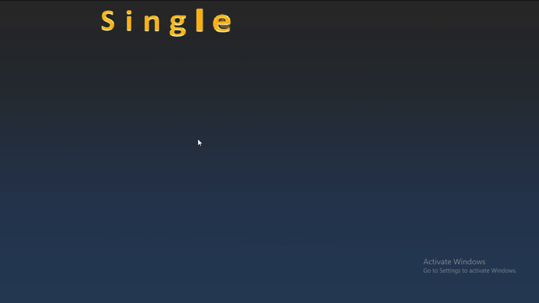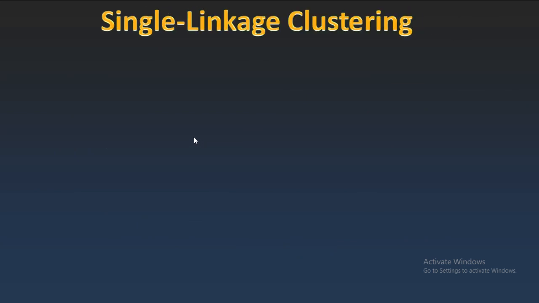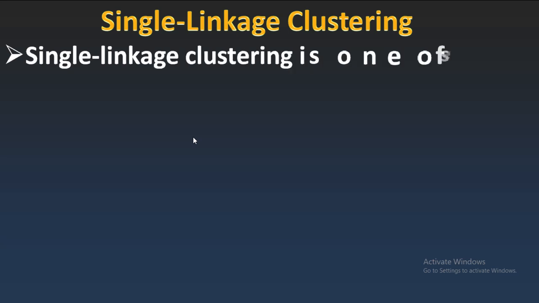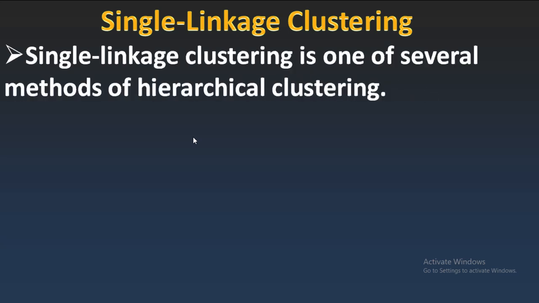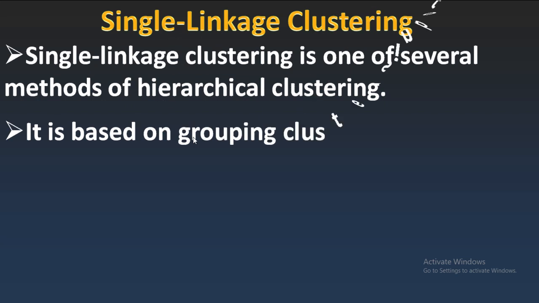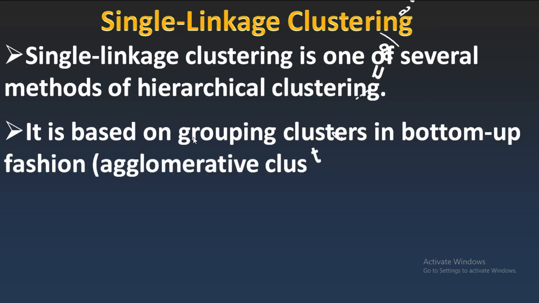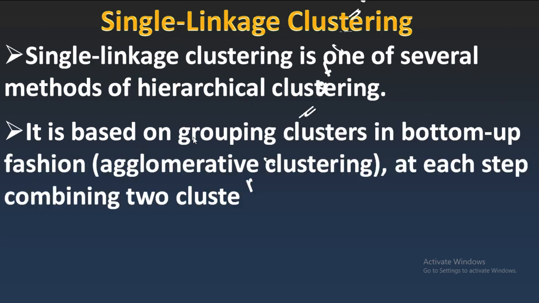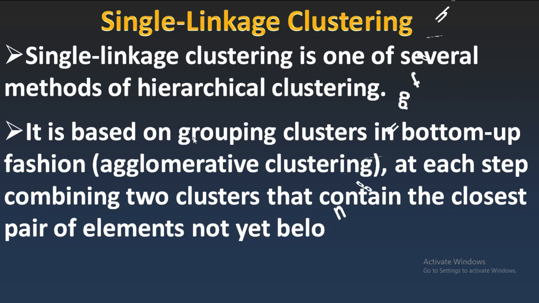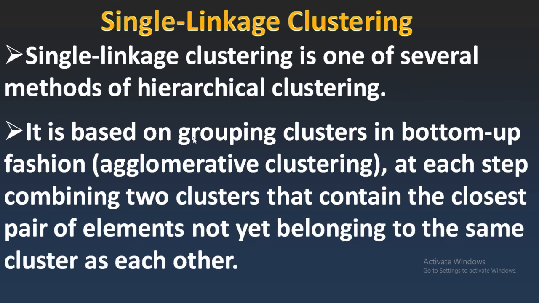Now we will see about the single linkage clustering. Single linkage clustering is one of several methods of hierarchical clustering. It is based on grouping clusters in bottom-up fashion like agglomerative clustering. At each step, combining two clusters that contain the closest pair of elements not yet belonging to the same cluster as each other.